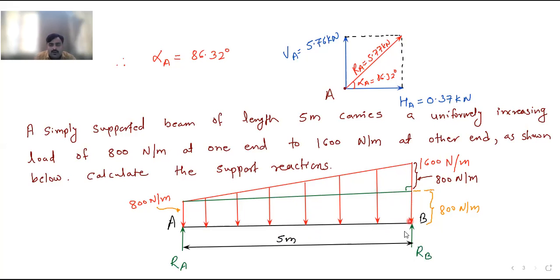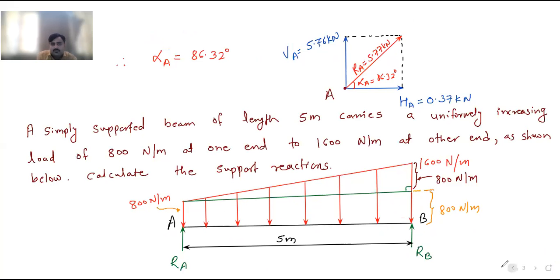To find RB or RA, I will take the moment at point A first. So summation M about A is equal to 0, clockwise moments positive, anti-clockwise moments negative.